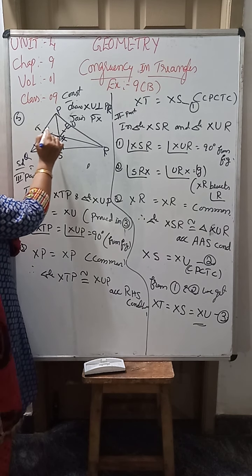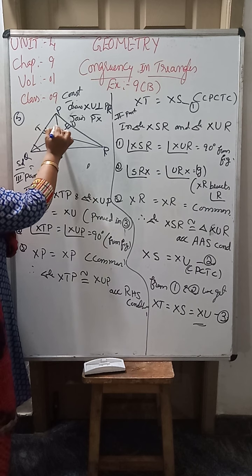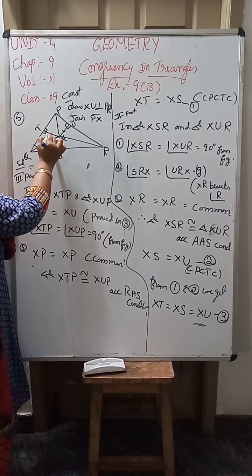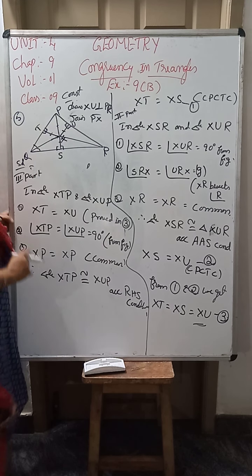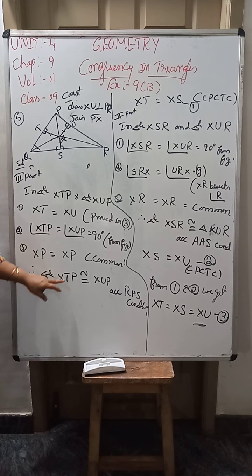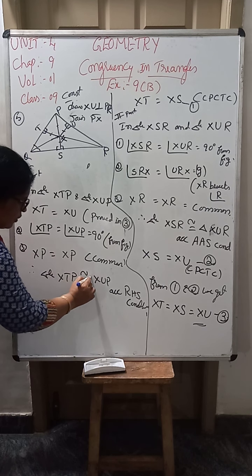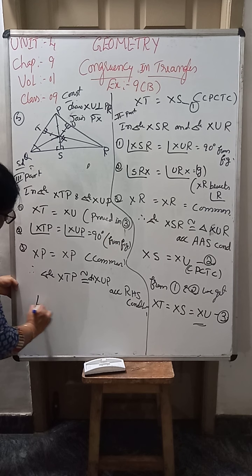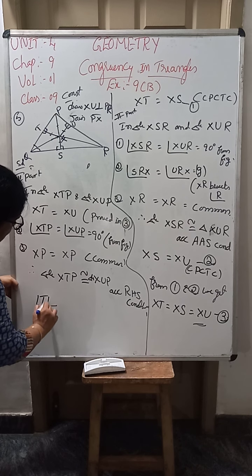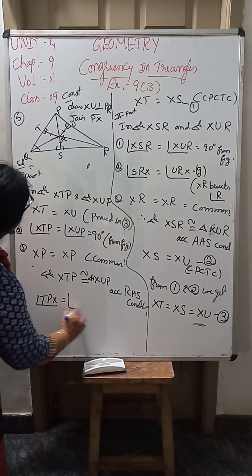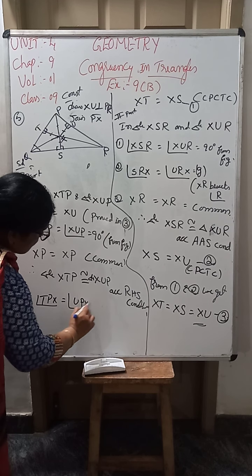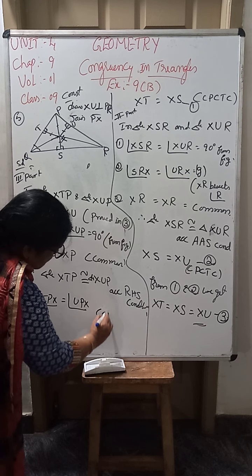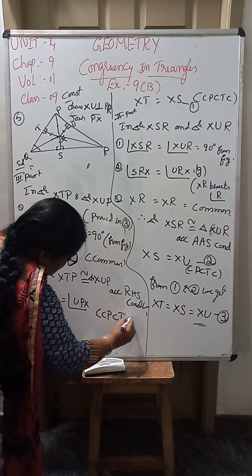Children, please observe. This is the right angle and opposite to this is the hypotenuse, and a side. RHS. So according to the RHS condition, these two triangles are congruent. Now angle TPX is equal to angle UPX according to CPCTC.